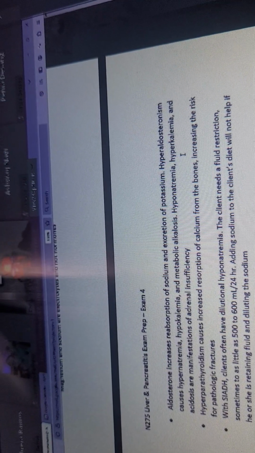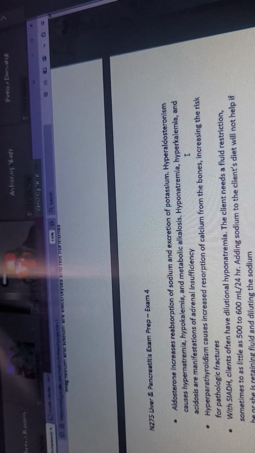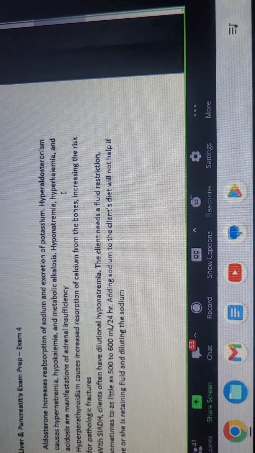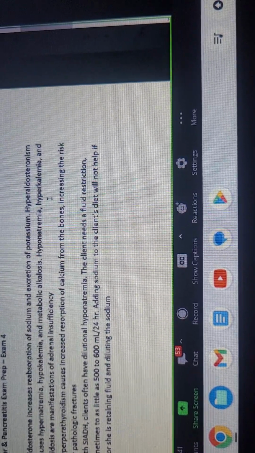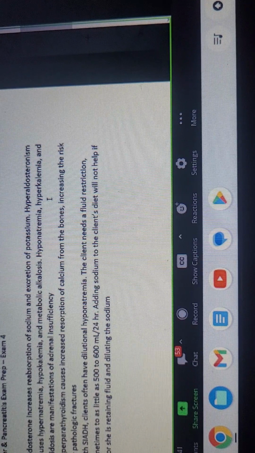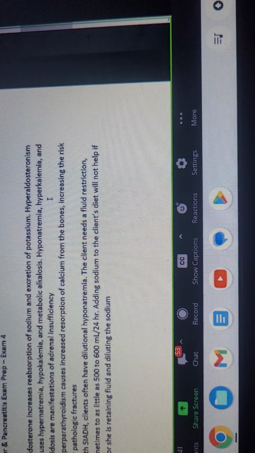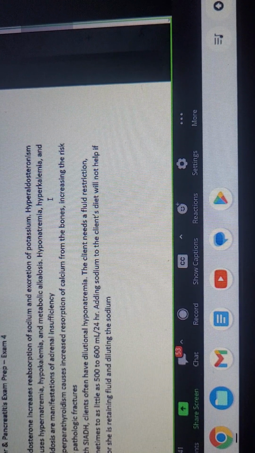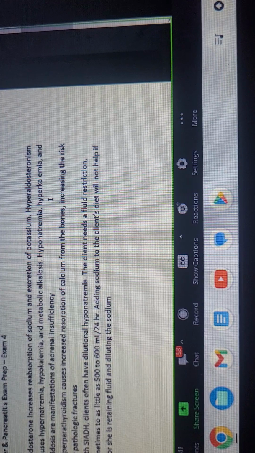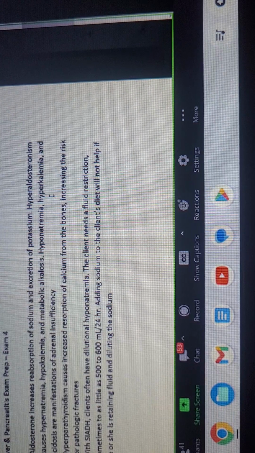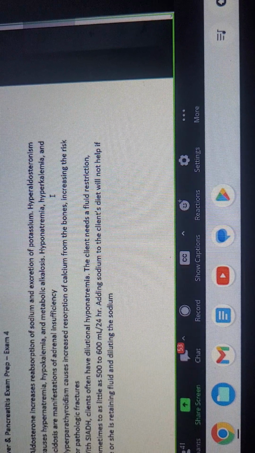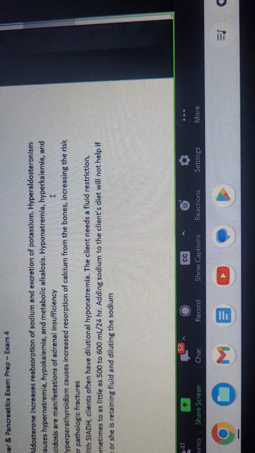Usually that fluid restriction could be as low as 500 to 600 milliliters in a total of a 24-hour period. So it's incredible fluid restriction. Okay. So the caveat again is adding sodium to the client's diet is not going to do anything. So the answer is a fluid restriction.